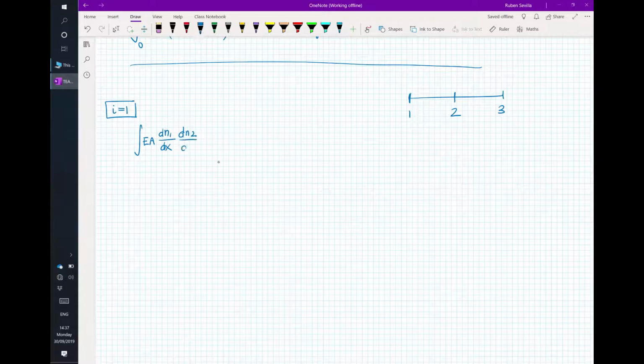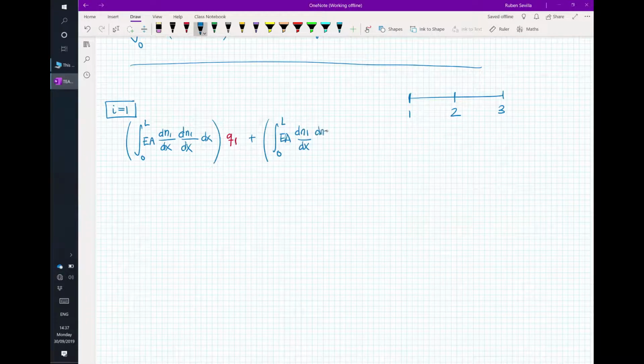Sorry, so this is dN1/dx times dN1/dx, and this is multiplying q1. But you keep going with the summation. Integral of EA, dN1/dx, dN2/dx, and this is multiplying q2.